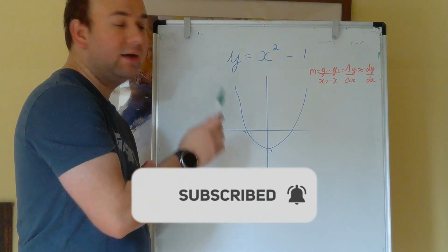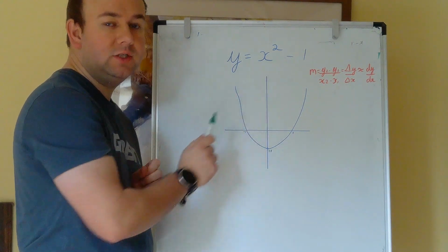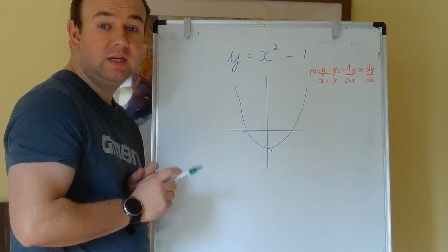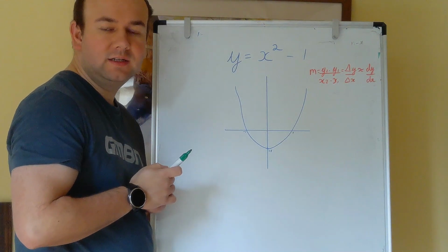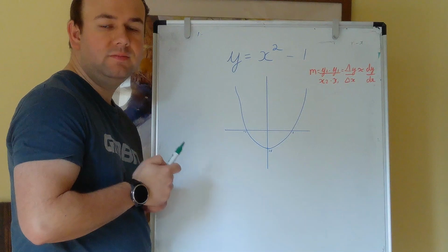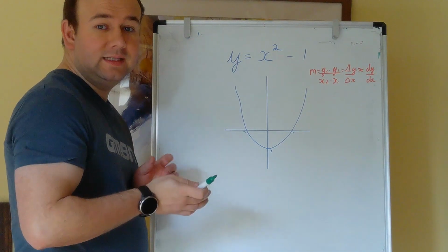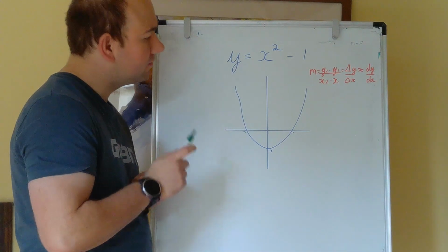We'll also look at how to find the gradient at any point on this graph from the equation, which will introduce differentiation, a technique you start covering in the UK at AS level, the first year of A-Level, and it is the technique for finding the gradient of a line from an equation.